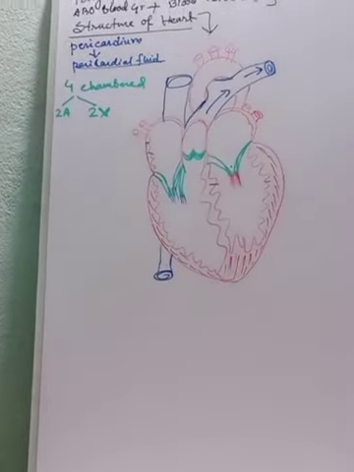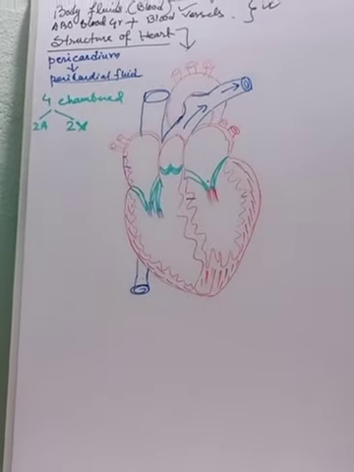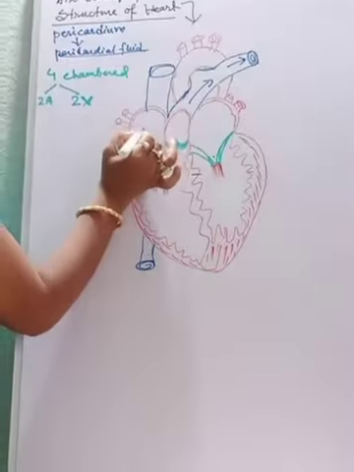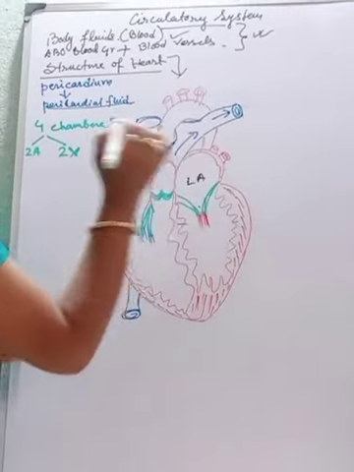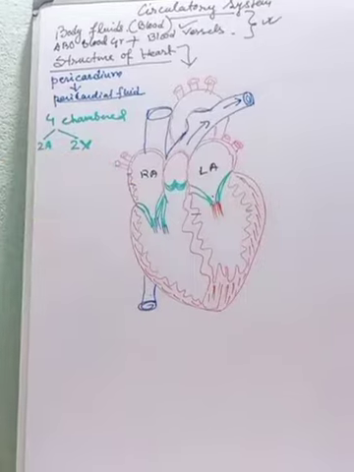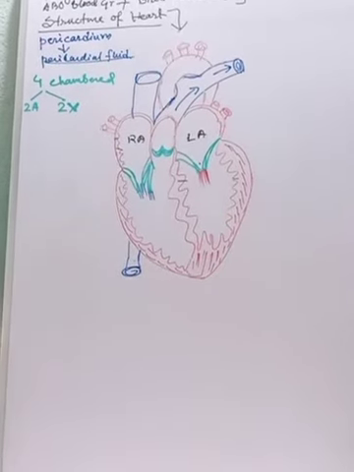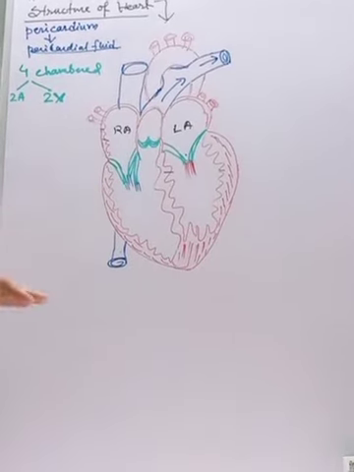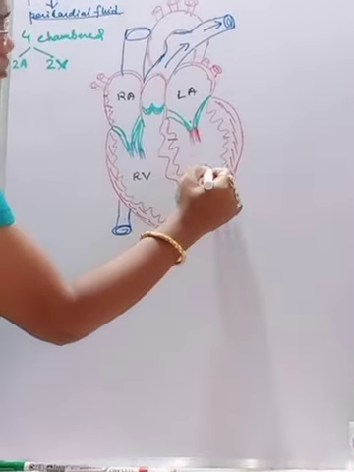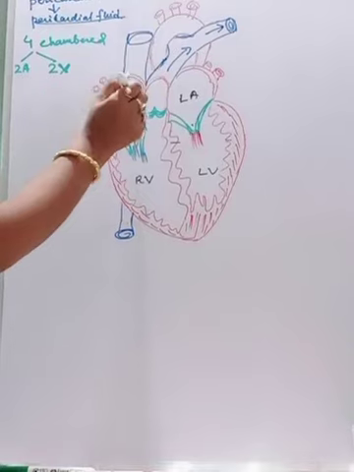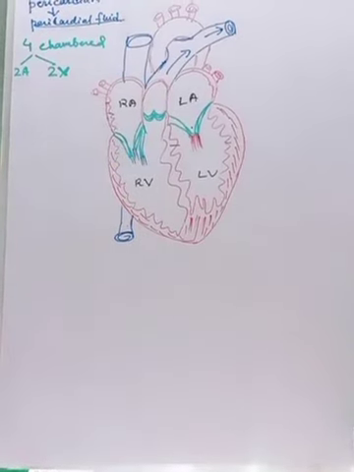In the figure, let me write them. The 2 auricles are the right auricle and the left auricle. These are the upper chambers of the heart. The lower ones are the right ventricle and the left ventricle. So in total we have 4: 1, 2, 3, 4. Clear?